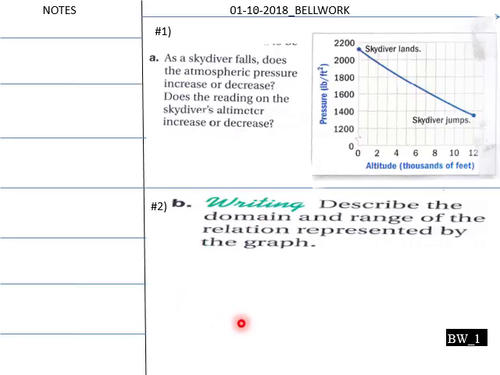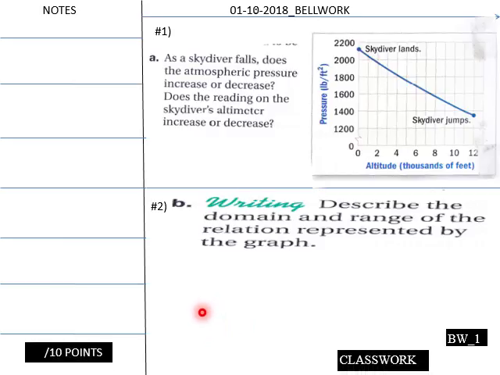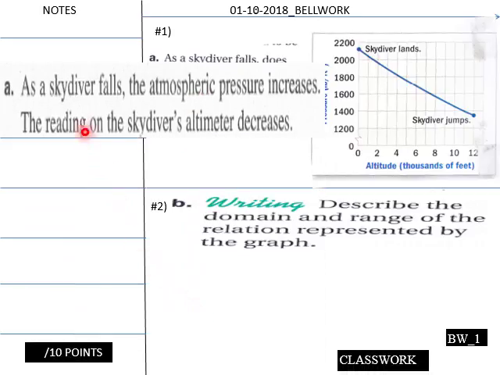Okay, welcome back for our solutions here for today's bell work. As the skydiver falls, atmospheric pressure increases. The reading on the skydiver's altimeter decreases. So here is your fall on your skydiver, and here's your altimeter reading. Or rather, this is your altitude in thousands of feet down here.